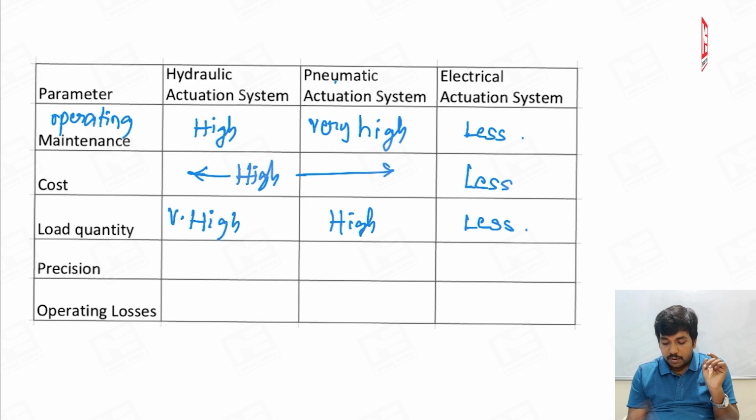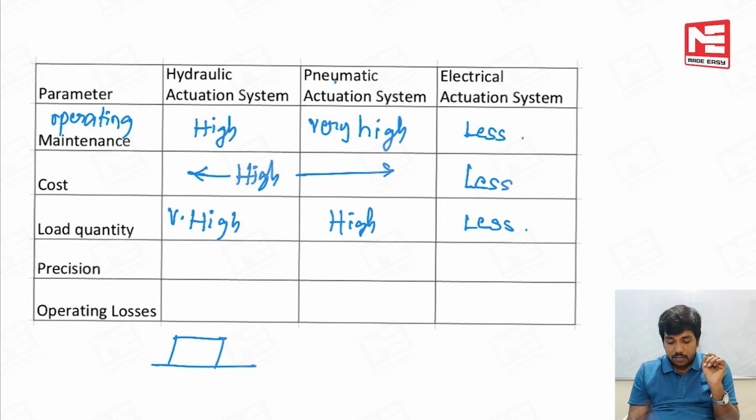That means precision is very high. That means accuracy of the movement is very high for electrical actuation system. But when it comes to hydraulic and pneumatic actuation system, both are less compared to electrical actuation system.